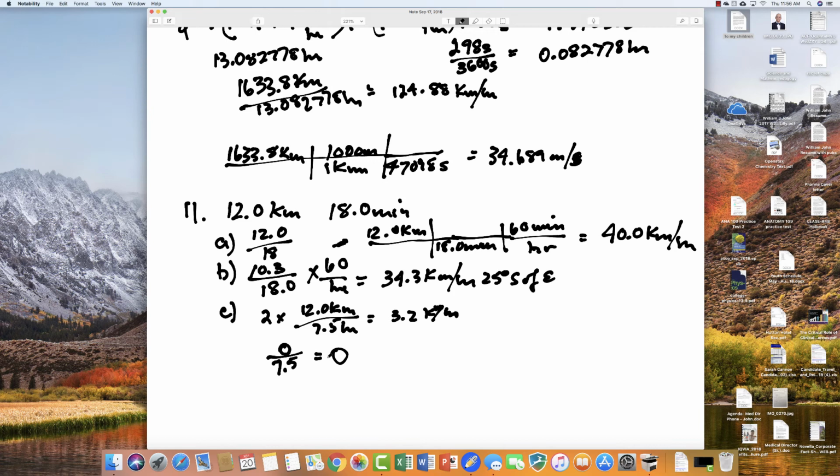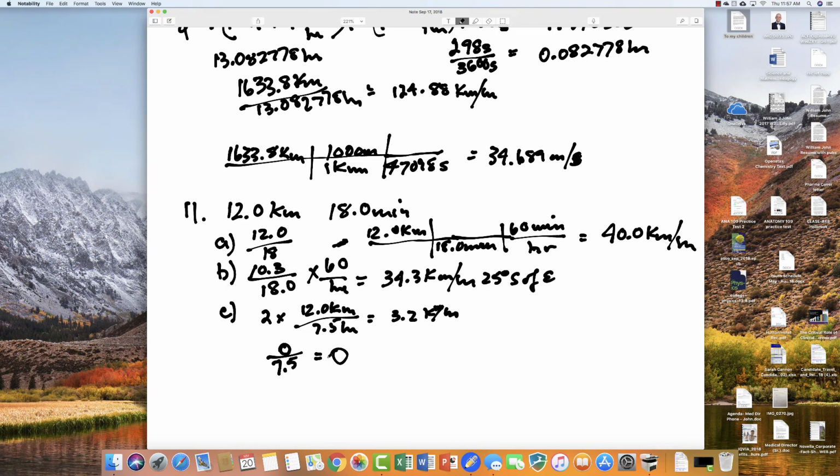The next one, we'll do one more on this part, and then we'll stop and move to the next part. The next one states that a quarterback runs 15 meters straight down the playing field in 2.5 seconds. He is then hit and pushed 3 meters straight backwards in 1.75 seconds.